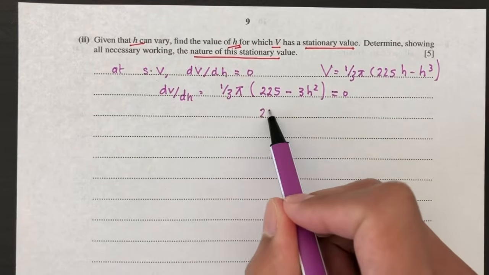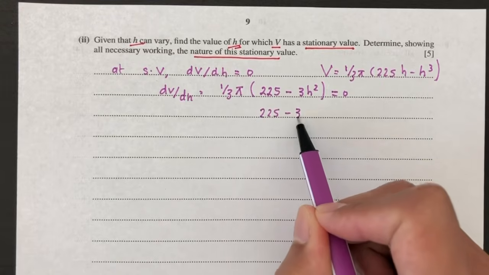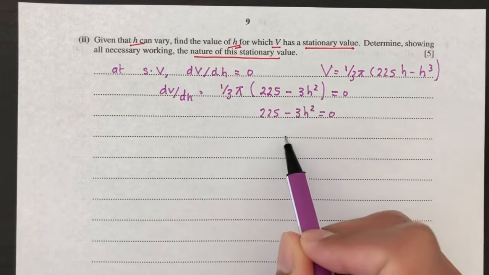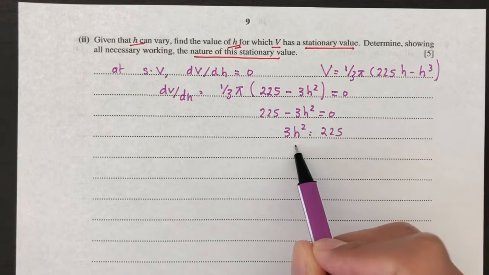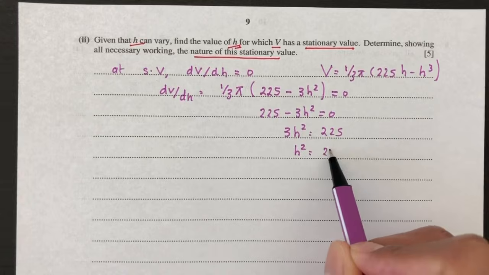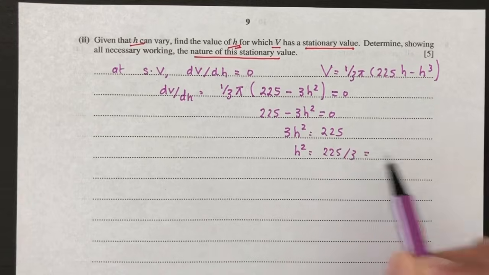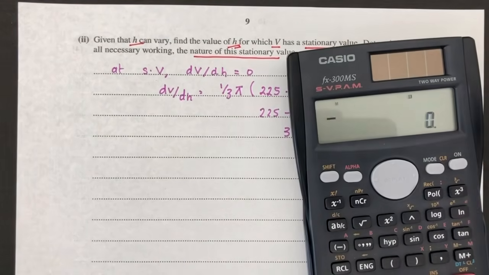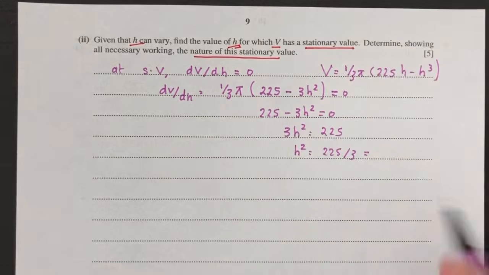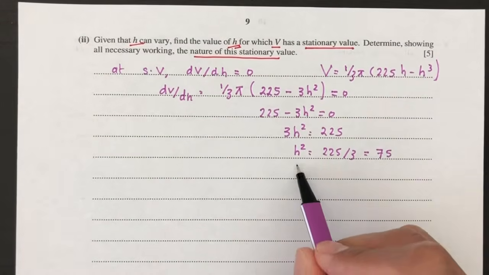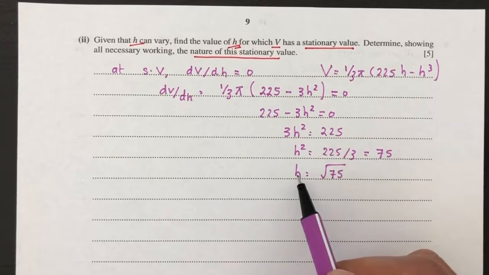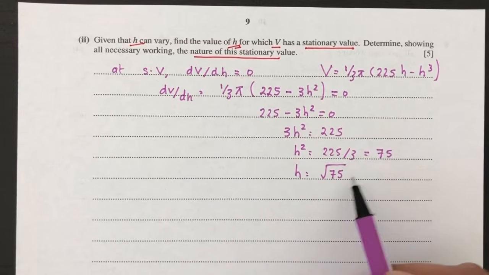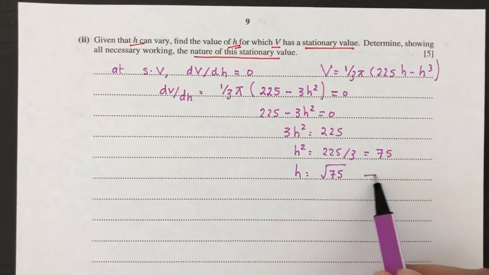You will have 225 minus 3h square equal to 0. So 3h square will be 225. h square will be 225 divided by 3. That will be 75. So the value of h will be root of 75. Since h is a height, it cannot be negative, so it will be positive root of 75.